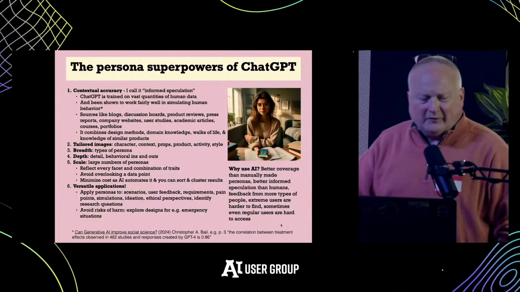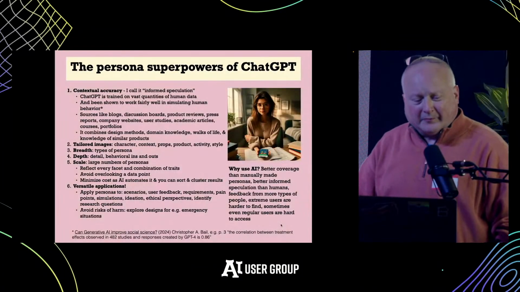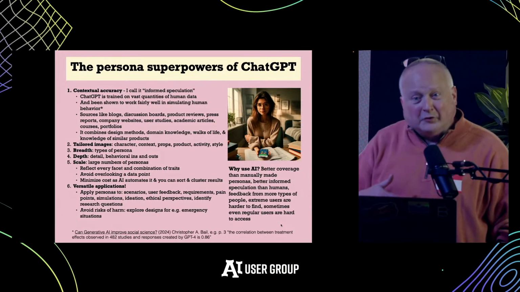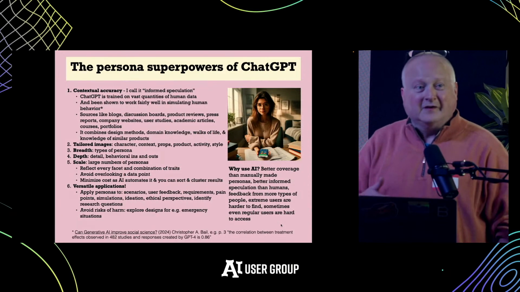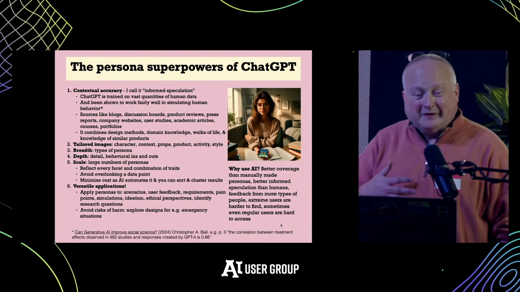So why is that true? ChatGPT trains on data across the internet. It's trained on books, it's trained on blogs, discussion boards, product reviews, press reports. It trains on company websites. It trains on other user studies. So it's already learned results of user tests, tens of thousands at least probably of user tests.